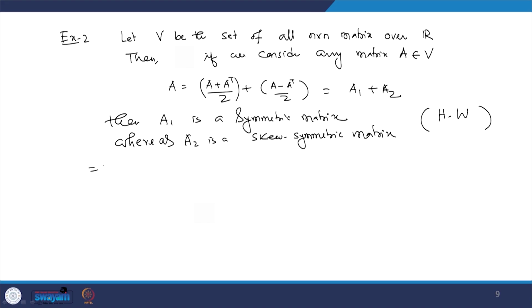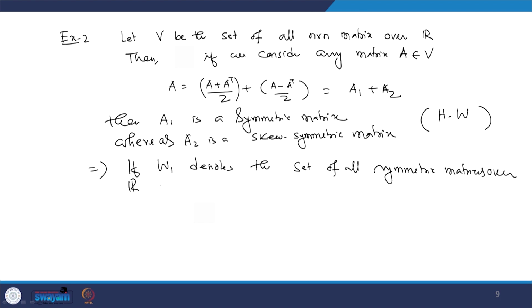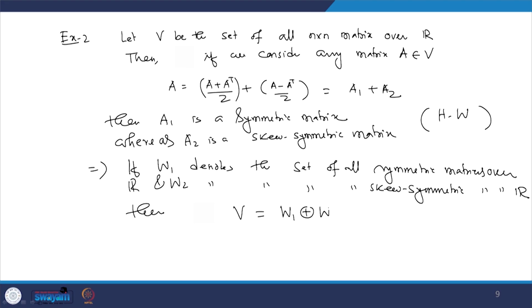So, this implies that if W1 denotes the set of all symmetric matrices over R, and W2 denotes the set of all skew symmetric matrices over R, then the set V can be written as the direct sum of W1 plus W2.